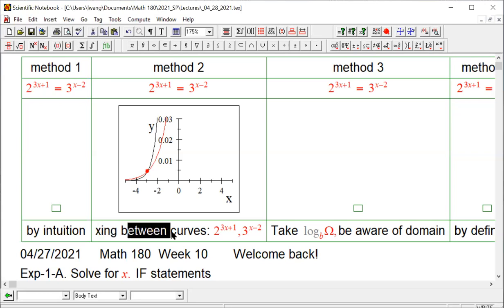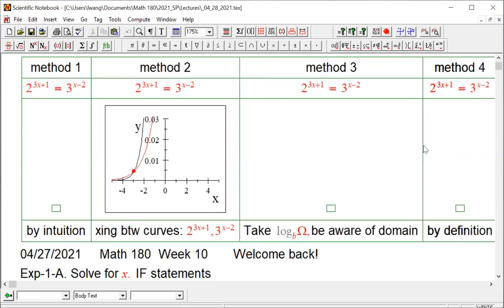Crossing between, let me make the word just a little bit shorter so that we can have more in this picture. Solving by intuition here is a little bit difficult. It can still be done, okay?